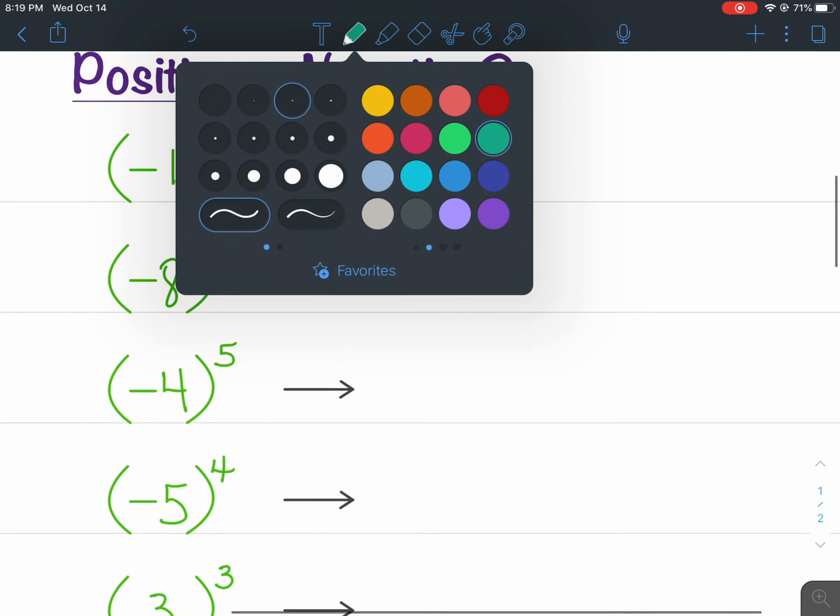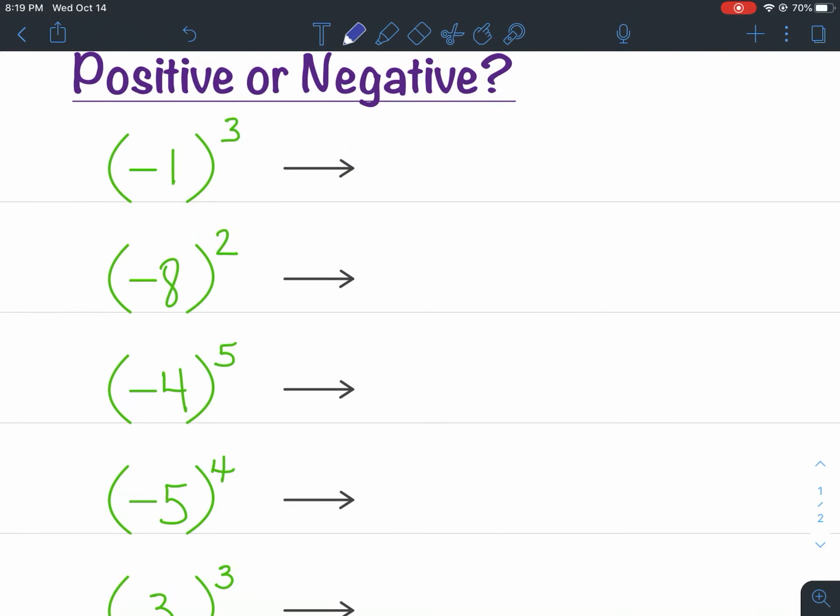Let's look at these. Okay, here the base is a negative number. My exponent is odd. So this result will be negative.